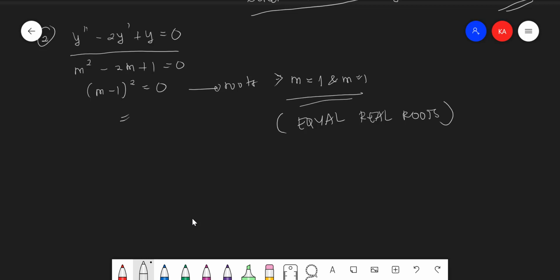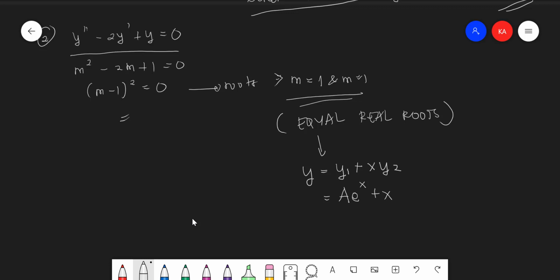Okay, so how to find the solution? For equal real roots, the solution is y1 plus x y2. So y1 is e power of x plus x times b e power of x, because m is equal to 1.